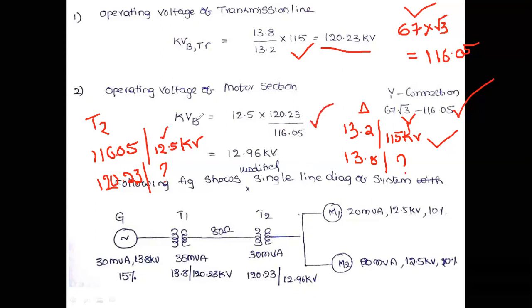The kV base of the motor section is 12.5, so you need to determine the new operating voltage of the motor section. Why? Because the secondary of the second transformer has been connected to the motor section. Whatever voltage you get at the secondary side of the second transformer is applied to the load section. That is very important. So 12.96 kV is the equivalent voltage produced with respect to the primary voltage of 120.23.